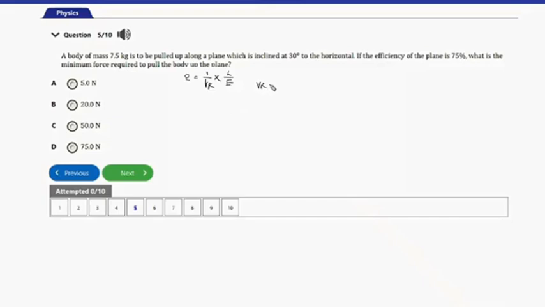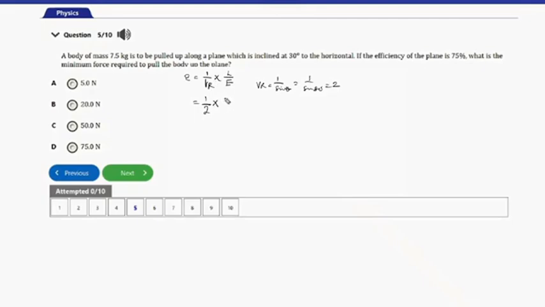Alright, so guys, the velocity ratio is here 1 over sine theta, and the angle theta here is 30 degrees. So 1 over sine 30 will give us 2. So in that case, the efficiency of the machine here is equal to 1 over 2 here, which is the velocity ratio, so times the load here over the effort.